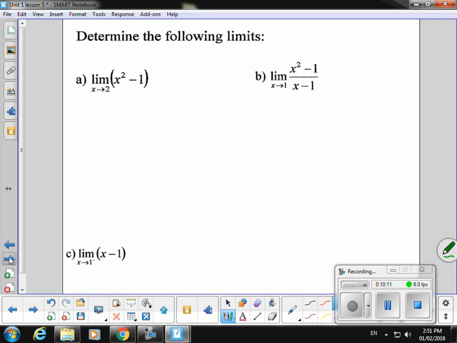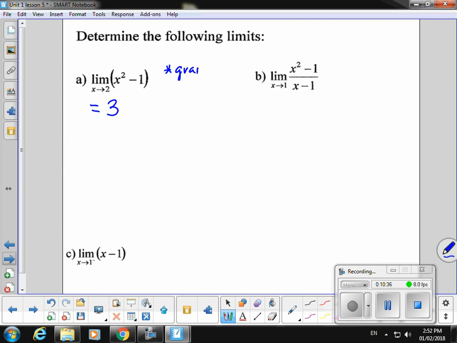Okay, let's determine the following limits. We've eyeballed them. Let's actually do them. So since this first function was defined and continuous, we can do direct substitution. I don't know if you want to write that down or not. But if I put a 2 into that function, I am going to get a value of 3. So I'm going to write it down.